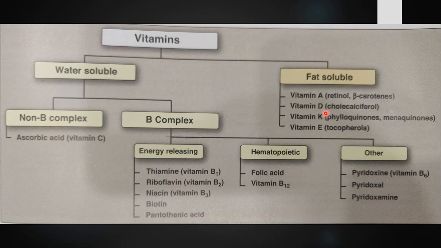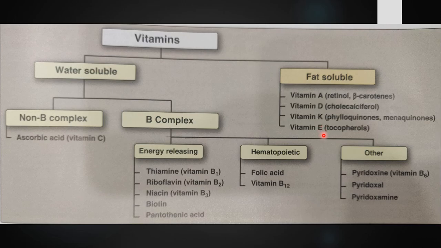So I repeat that the vitamins are divided into two groups: water soluble and fat soluble. And in the fat soluble list there are four vitamins: A, D, K and E, and they are all very important as far as their functions are concerned.